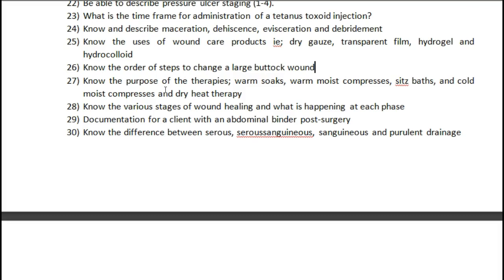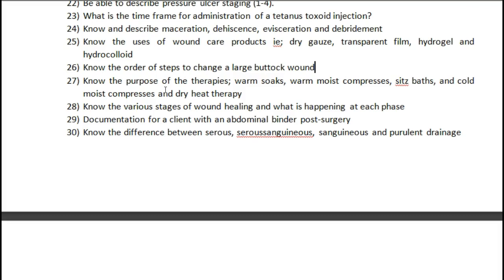But transparent film is like what you put on top of an IV, where you can see what's going on, and there's no tissue loss, you're just putting it on there as protection, more or less. Hydrogel is when a wound requires a percentage of water or moisture. For instance, you might have some good tissue that's healing well, that's pink, and you don't want it to dry out and crack.